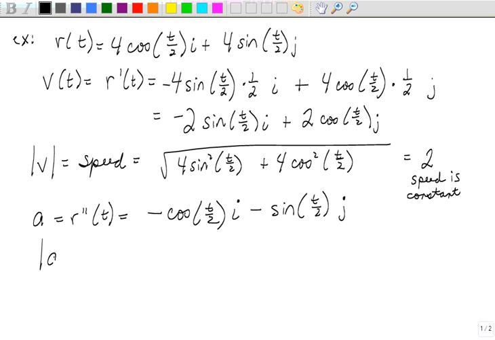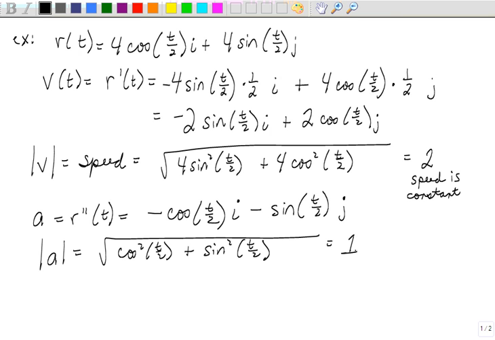The magnitude of a is going to be the square root of cosine squared(t/2) plus sine squared(t/2), which is 1. So the acceleration is constant, no matter what the time.